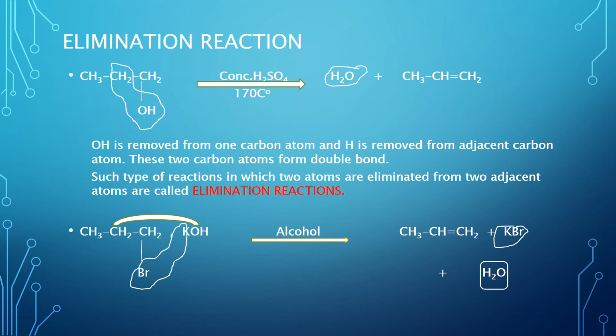So halogen, that is bromine, from one carbon, and from the adjacent atom hydrogen is removed. It is also an elimination reaction. So elimination reactions are the reactions in which two atoms are eliminated or removed from two adjacent atoms.